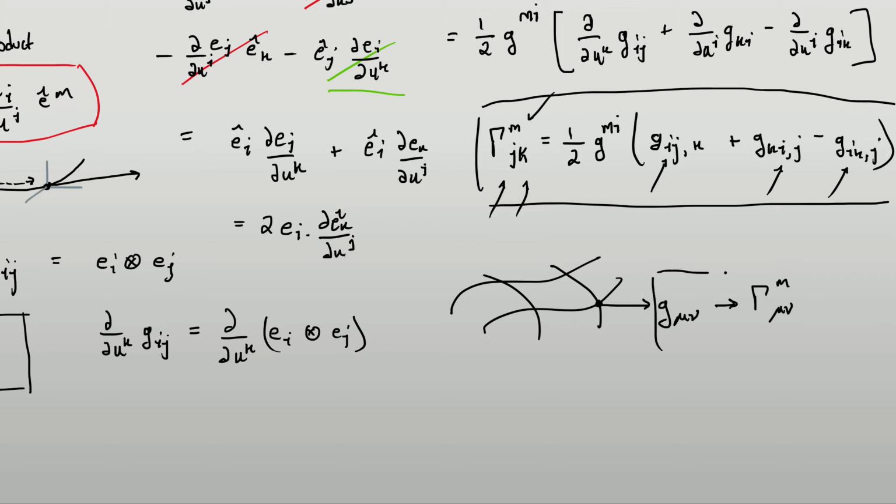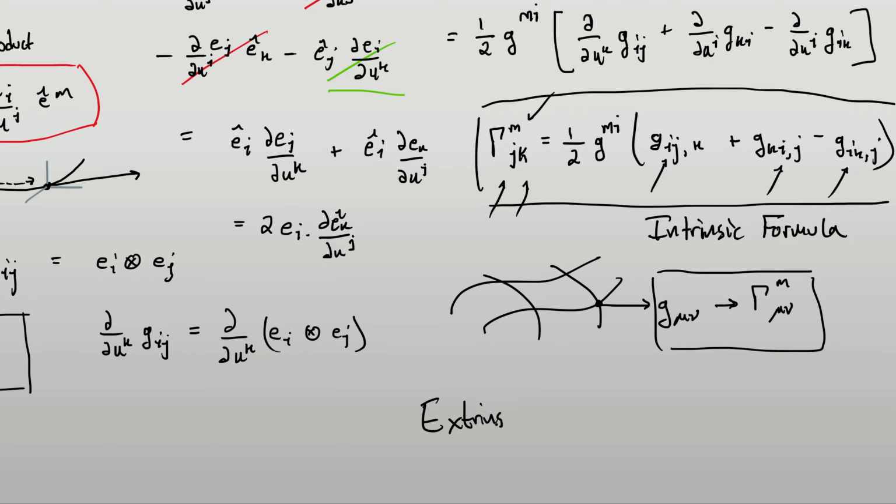So this is our intrinsic formula. And so the next thing we want to do is, okay, well, what's the extrinsic formula? And that formula we're going to go over next.